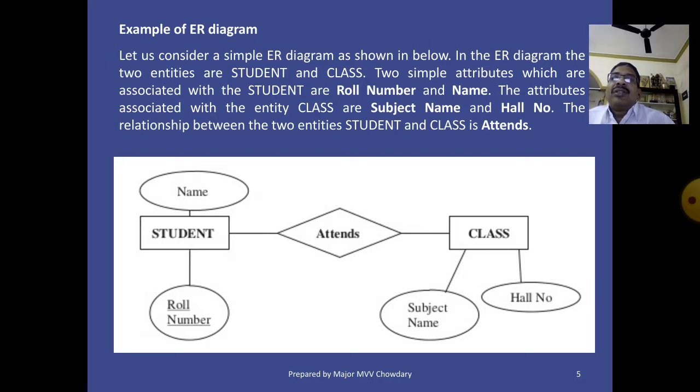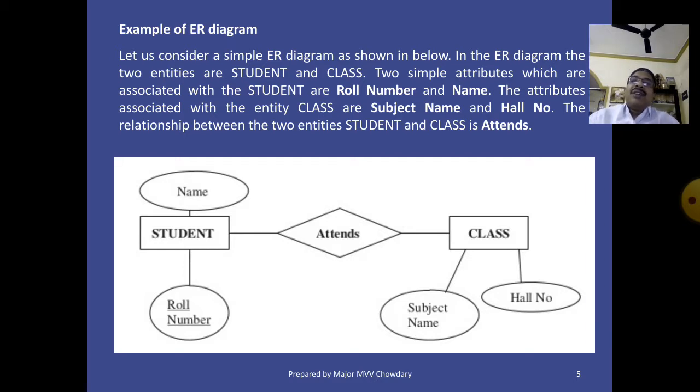Attributes associated with the student entity are roll number and name.